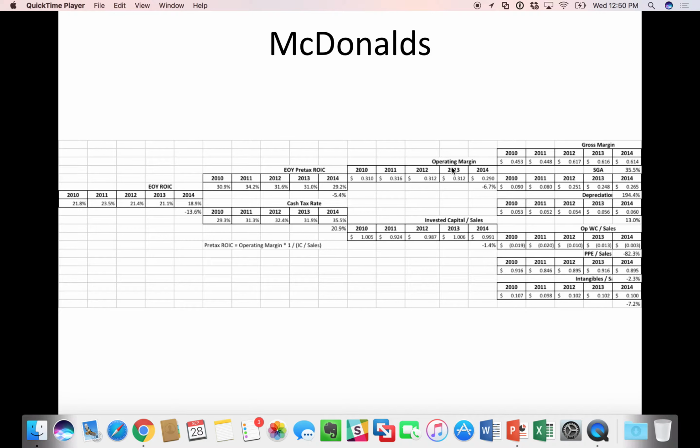Operating margin is the profitability or profit margin of the firm per dollar, per unit of sales. It is the EBIT or operating profit divided by sales. Okay? So, in McDonald's case, in 2010, the operating margin of McDonald's was 31%, 31 cents per dollar.